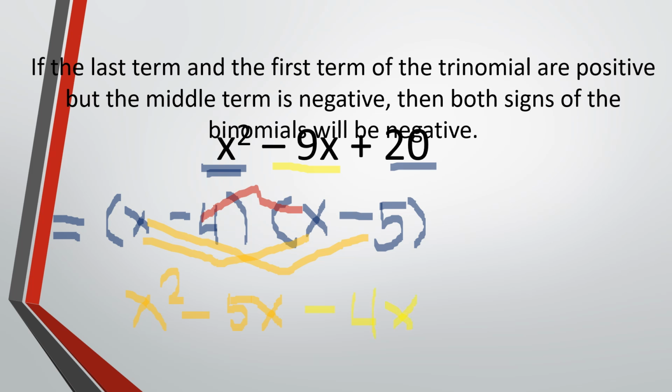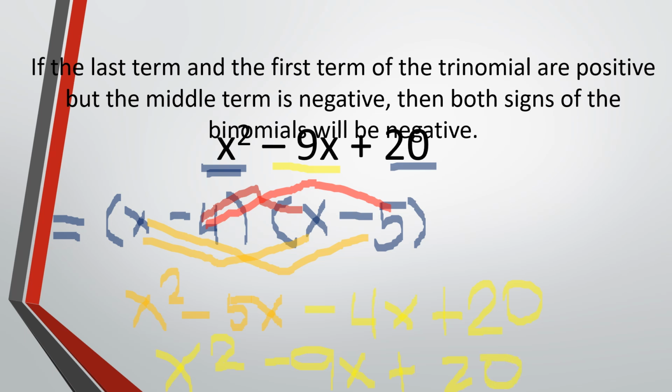If you have negative 4 multiplied to negative 5, the answer is positive 20. Alright, bring down the first term, x squared, and then negative 5x plus negative 4x, the answer is negative 9x. And bring down positive 20. Therefore, that is correct.